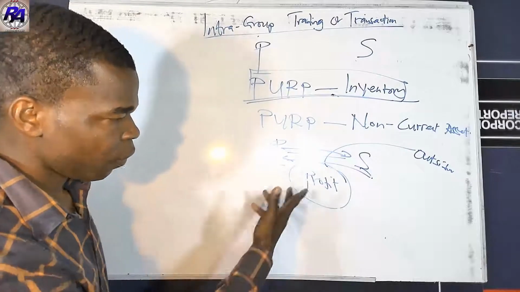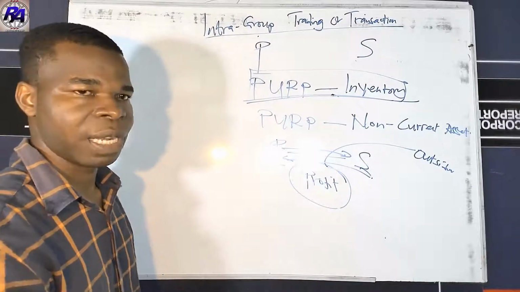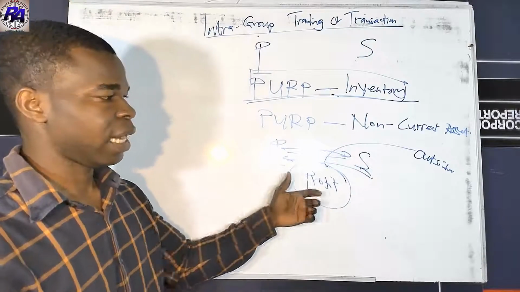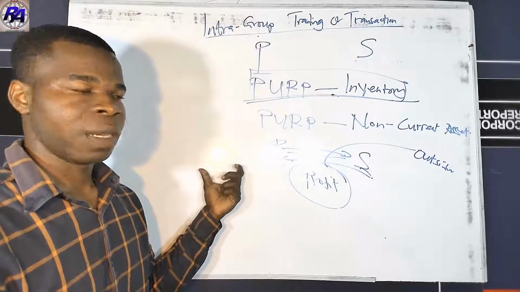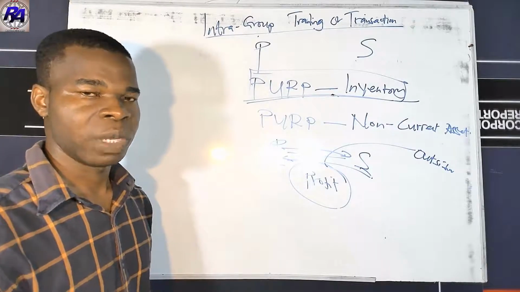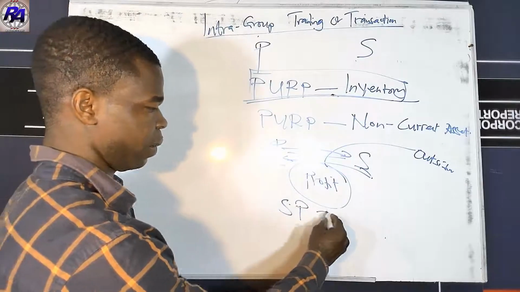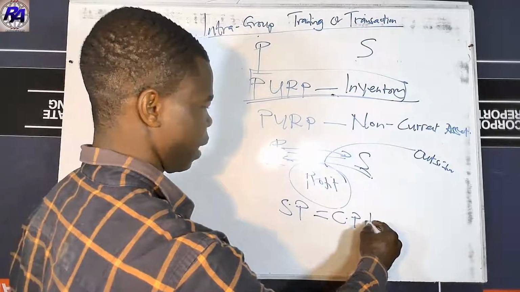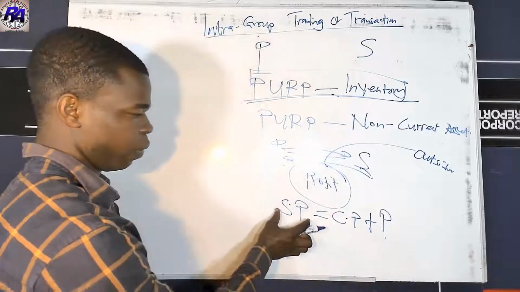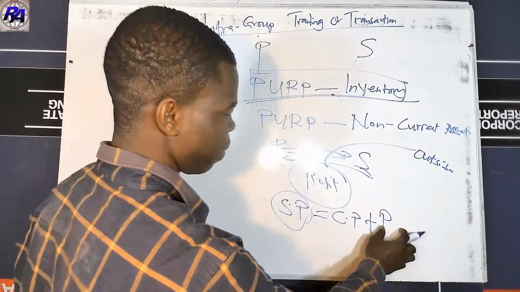Now, for you to better understand this one, you have to understand what we call markup and margin, because a profit element is added to the cost when you want to establish your selling price. Basically we say that your selling price is your cost price plus your profit. So before you can get this selling price, you need the cost of the item plus your profit element.